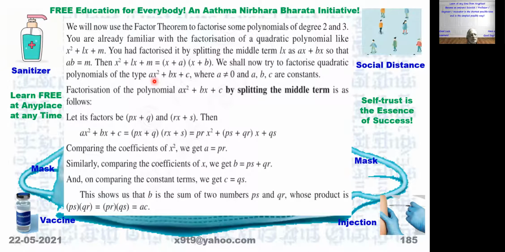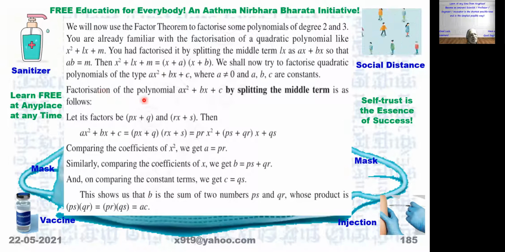So this remains a quadratic polynomial if b is 0, or if c is 0, or both b and c are 0, but a should not be 0. If b and c are 0, it is called a monomial.